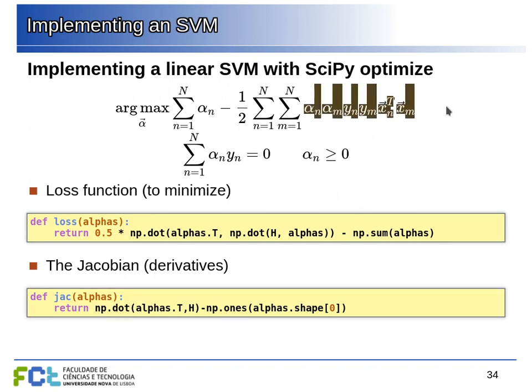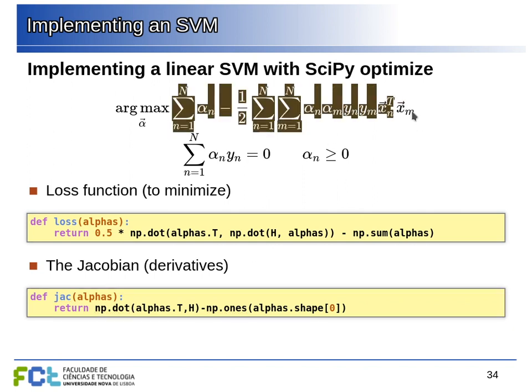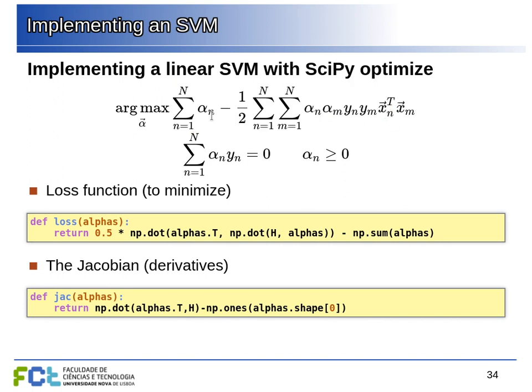This is just the derivative of this expression with regard to alphas, which in this term is just 1s, because all the alphas appear multiplied by 1. And in this term, it would be the alphas multiplied by the H matrix, these products that we pre-computed.